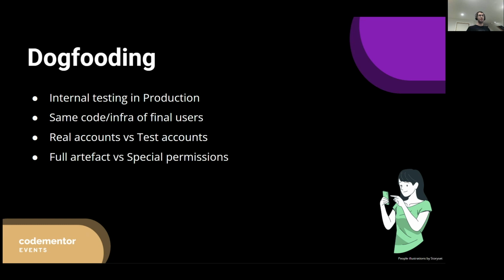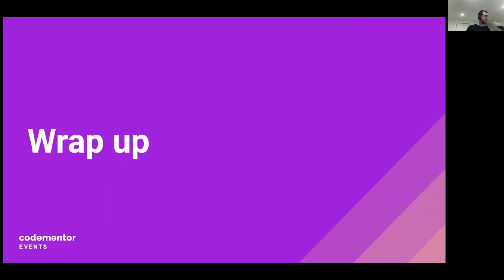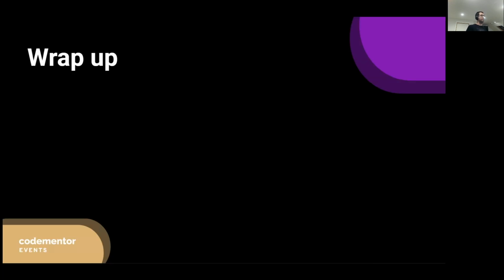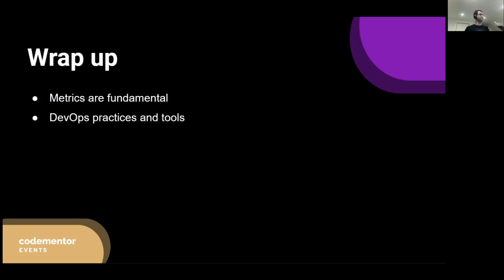Feel free to start posting questions in the Q&A. I will start wrapping up in a minute. So, what did we discuss and see today? First, we talked a bit about metrics. We understood how fundamental they are and how we need to monitor with various ways and tools.